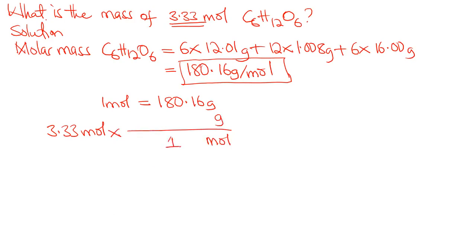So 1 mole, 180.16 gram. So when you do the math to 3 significant figures, you are going to get 600. grams. That tells you that we are including the zeros in the significant figures. So that's how we get mass when given moles.